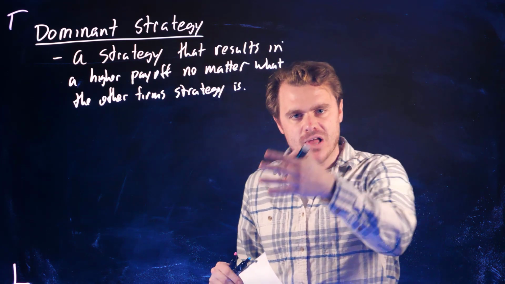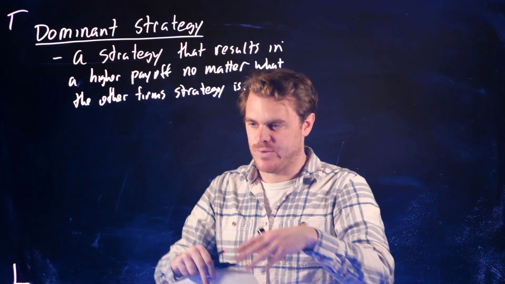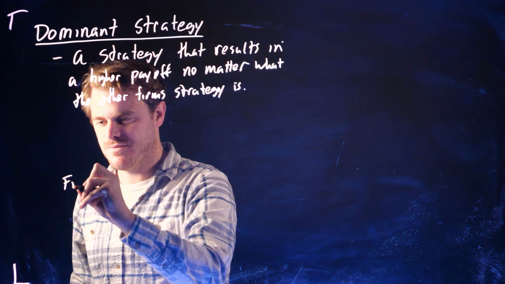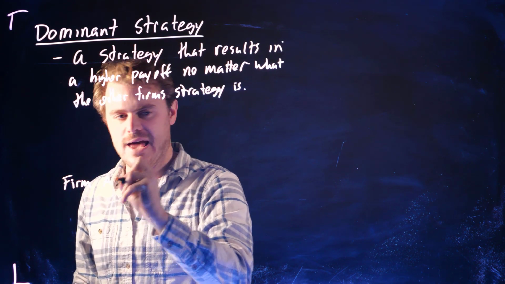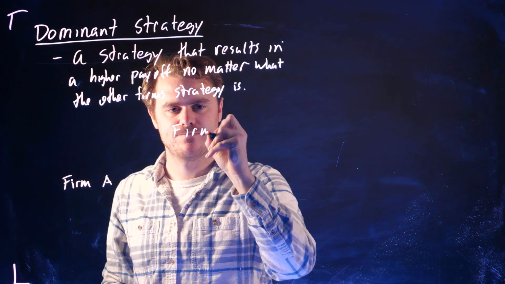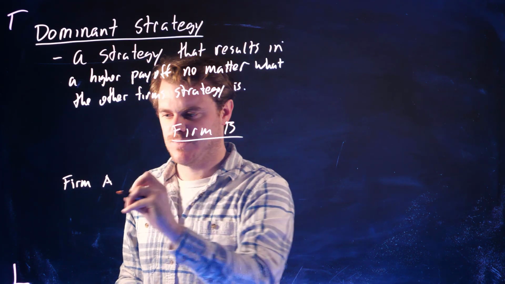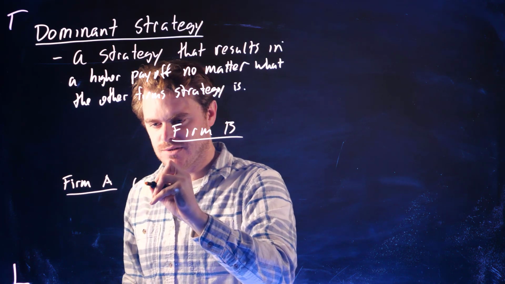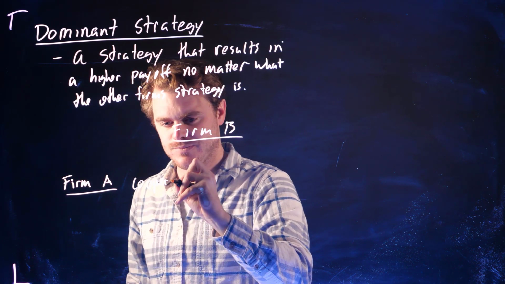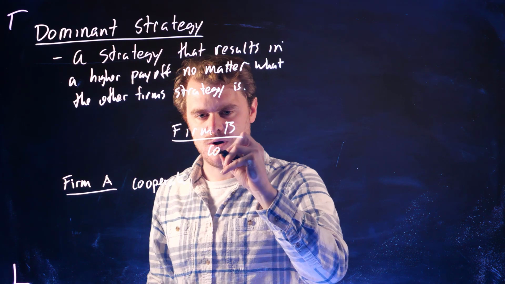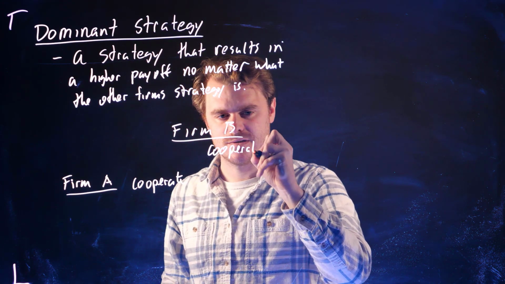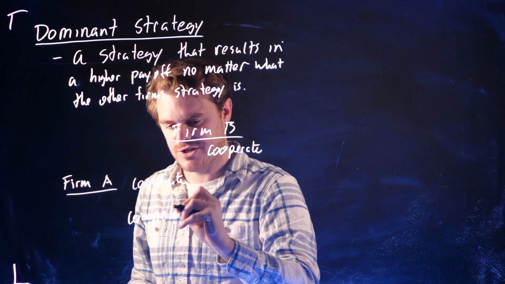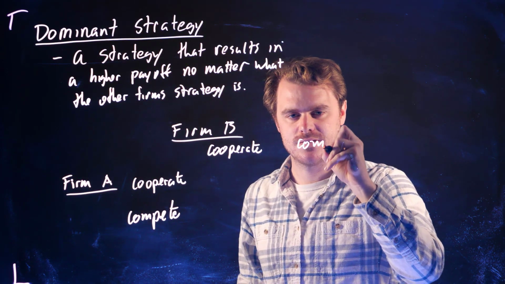So let's apply this to that game that we just wrote out before. Remember we had two firms, firm A and firm B, and they each had two strategies: cooperate and cooperate, or compete and compete.